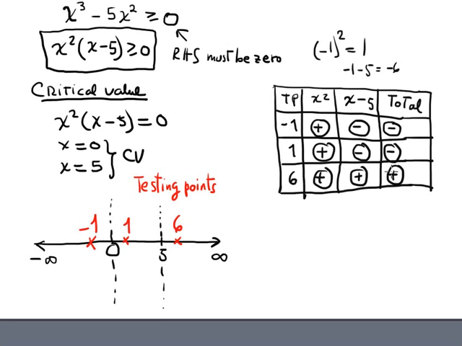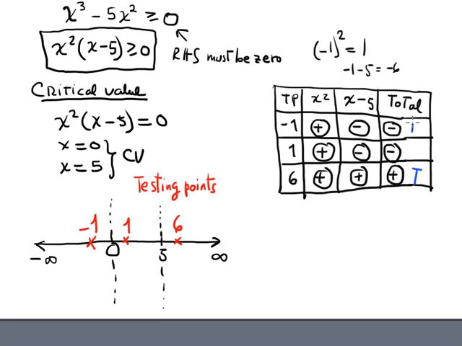Okay, so what is the true part? What is the part that is valid for this inequality? The part that is valid is only here. Why? Because our inequality is greater than or equal to 0, that means it's positive. When this is negative, no, it's completely false.